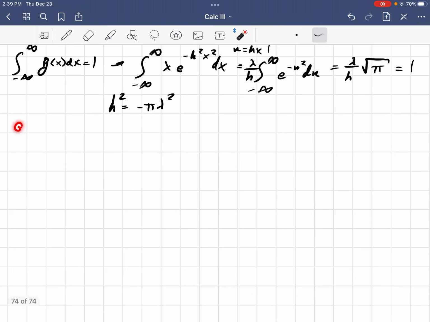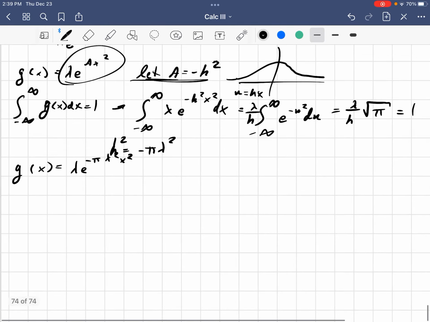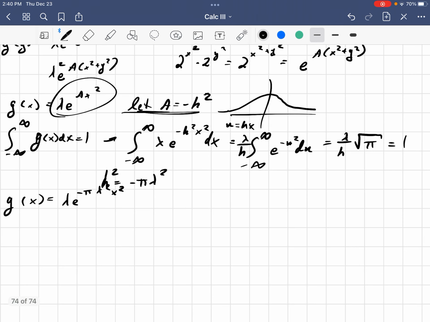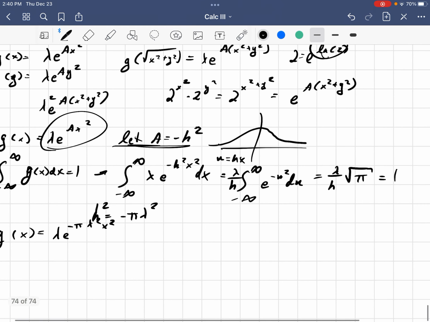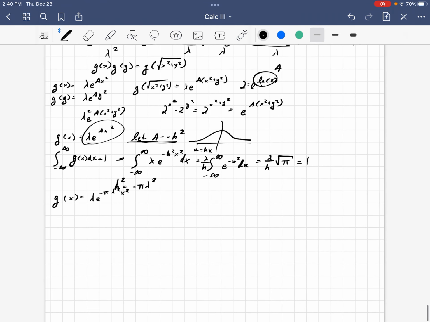Okay, so now what we have is that g of x is lambda e to the negative pi lambda squared x squared. So we're getting there, right? We just need to find lambda in terms of some parameter of the normal distribution. The mean really isn't going to give us much, but we can use the standard deviation and the variance formula.